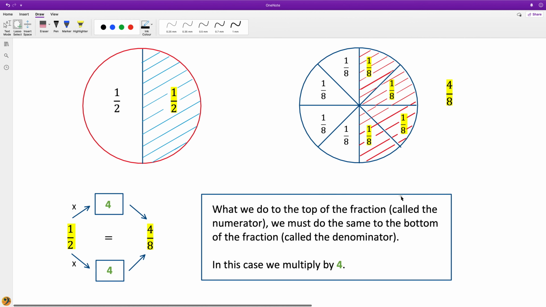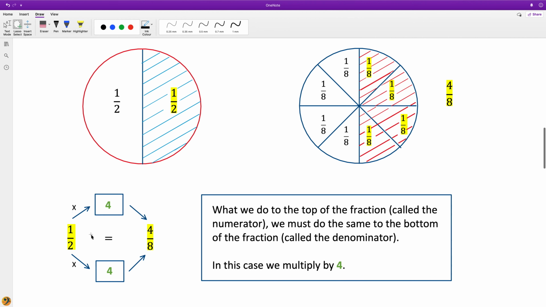Okay, so then we'll go through the steps of how to mathematically work that out, in case you didn't have the visual representation of whatever fraction you are starting with. Okay, so once again, what we've done here, we have our numerator, 1, we multiplied that by 4, which gave us 4 as our new numerator.